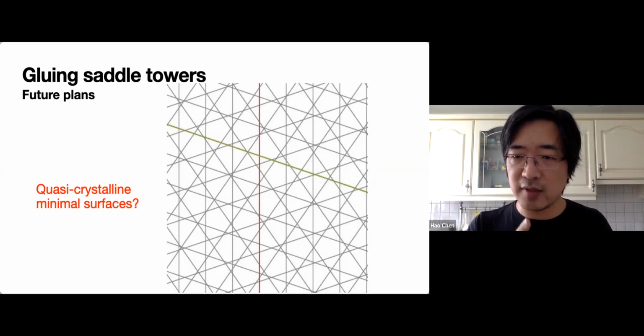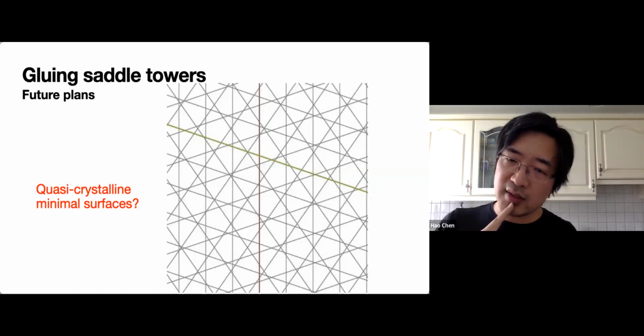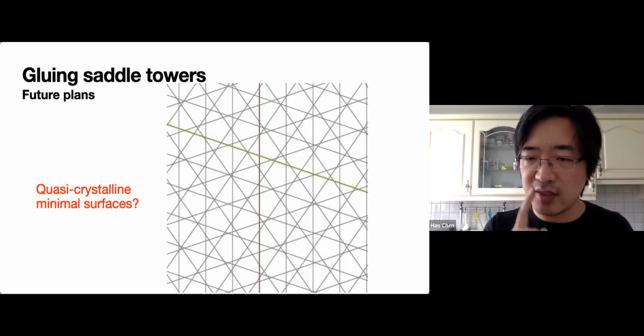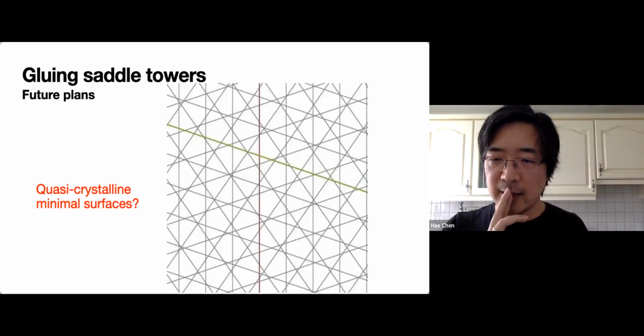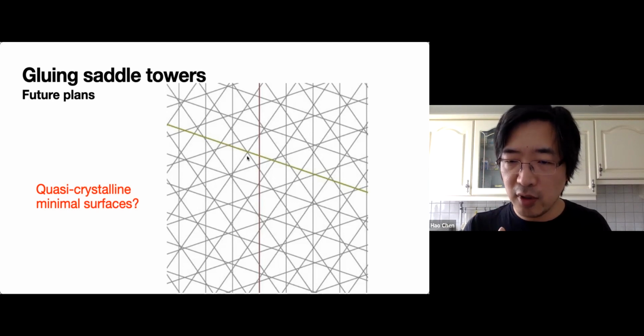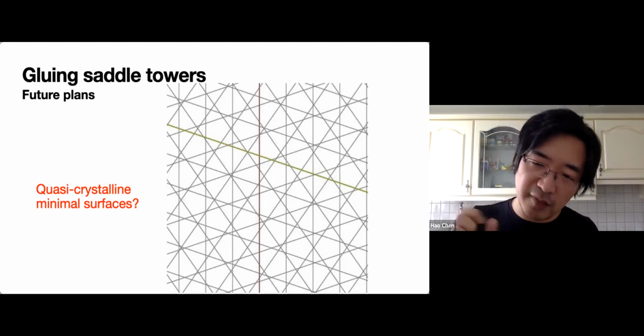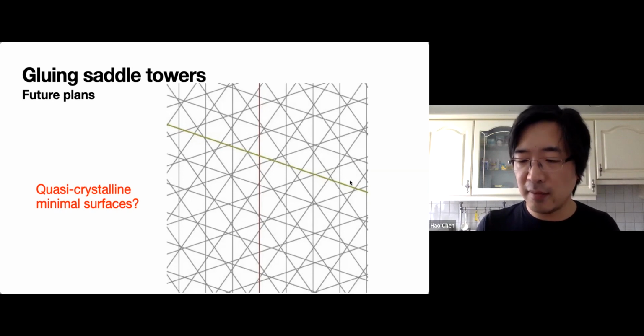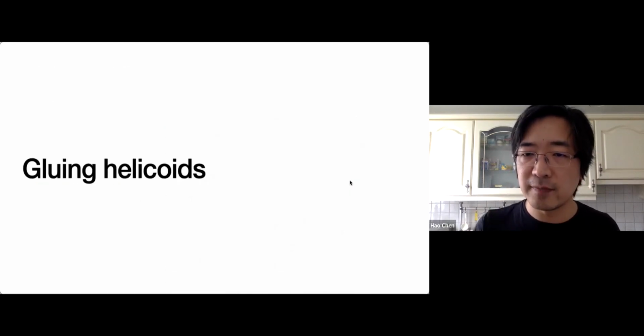This is the first quasi-crystal given by minimal surfaces. The difficulty of this task is that this thing has no vertical parallels and no horizontal parallels. And the edge lengths in this graph can actually be arbitrarily small, so the nodes might interfere with each other. There are many technical concerns, but I dream to finish this.